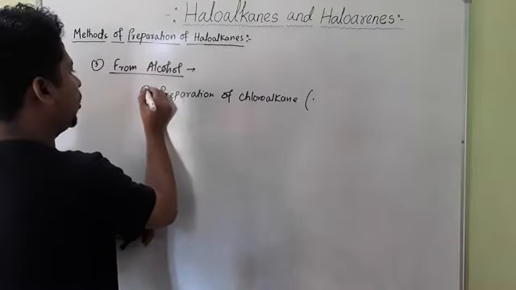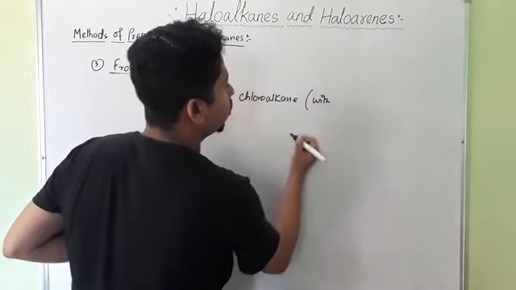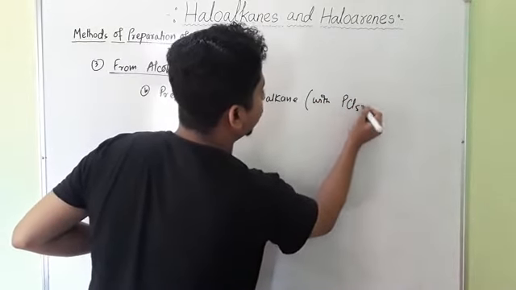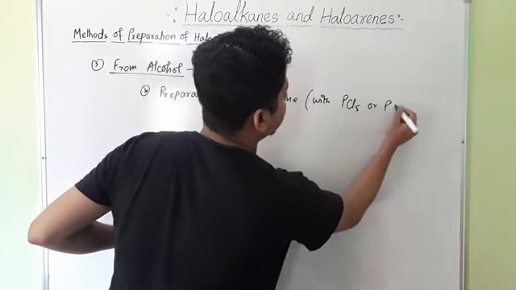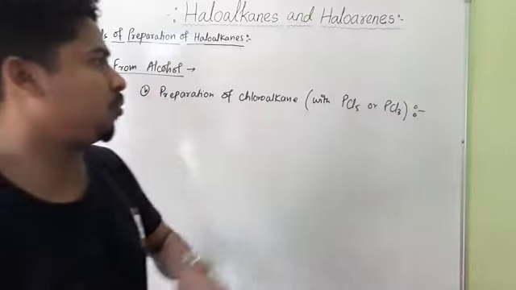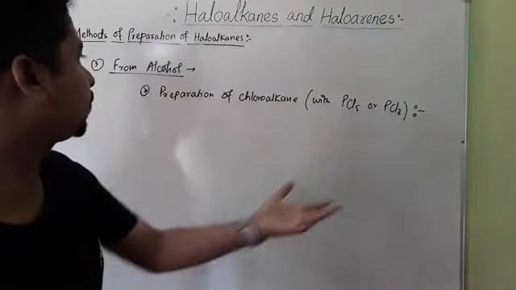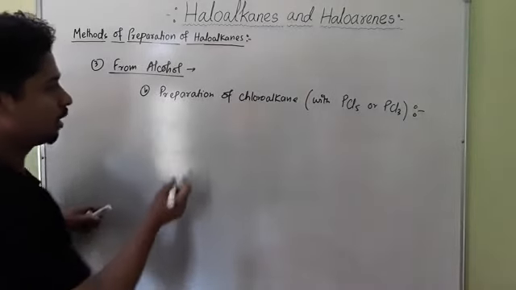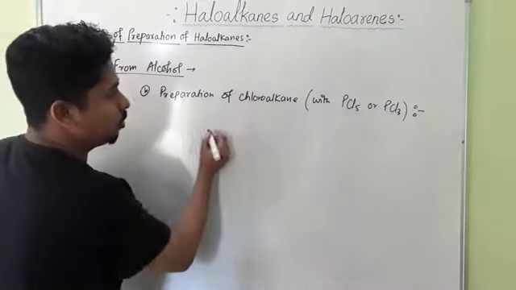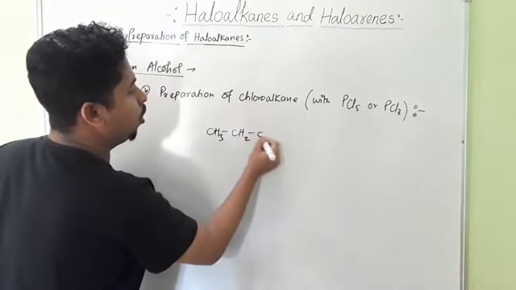Number B, preparation of chloroalkanes with PCl5 or PCl3. In the presence of phosphorus pentachloride or phosphorus trichloride, we can prepare chloroalkane. Suppose one alcohol CH3-CH2-OH.